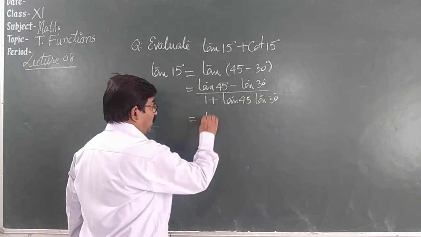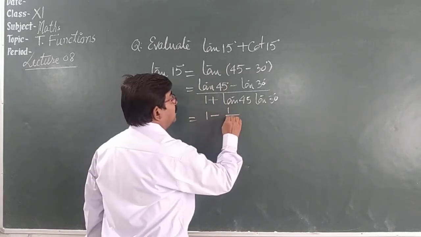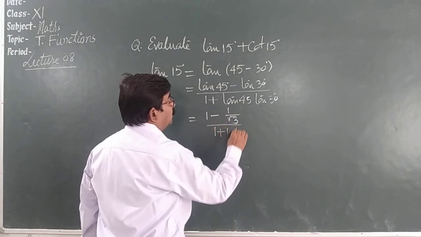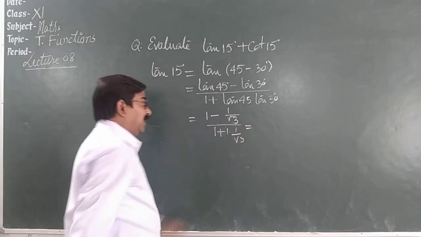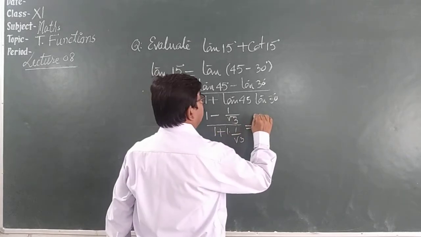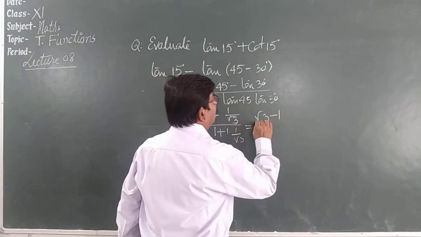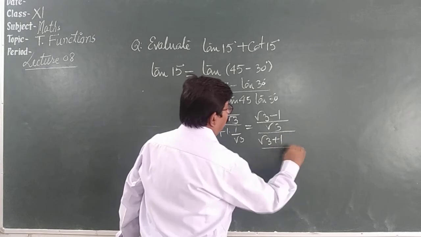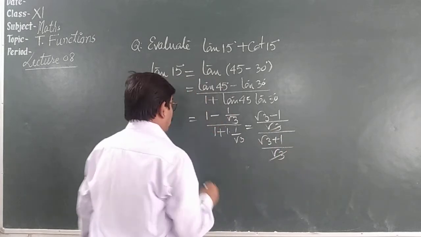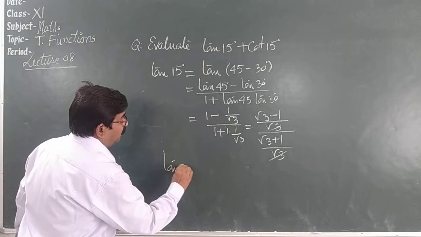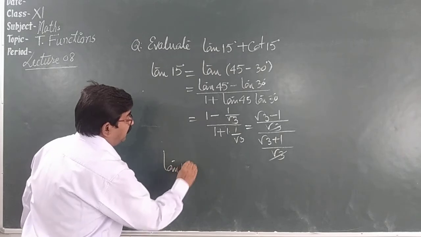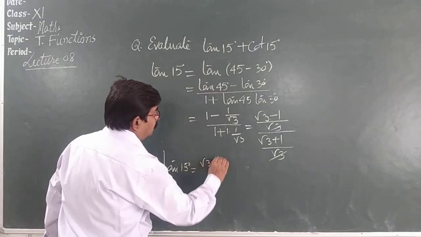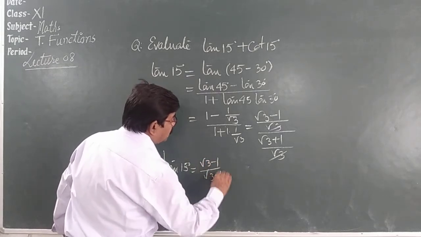Now you know the values. Tan 45 is 1 minus tan 30 is 1 upon root 3, upon 1 plus 1 into 1 upon root 3. By LCM, this is root 3 minus 1 upon root 3 upon root 3 plus 1 upon root 3. LCM will go. So we have tan 15 degree is equal to root 3 minus 1 upon root 3 plus 1.